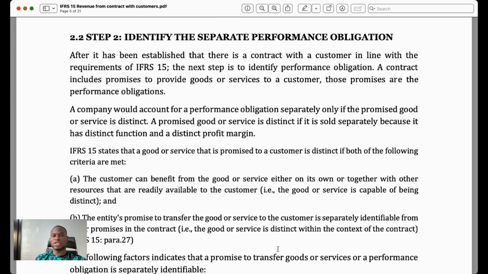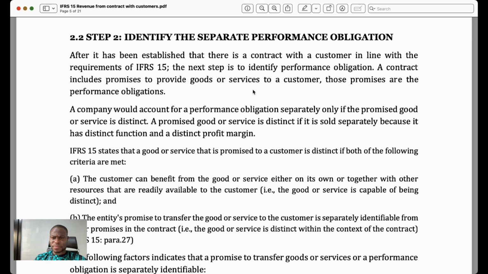Now step two is to identify the separate performance obligation. So what is a performance obligation? A performance obligation is just the promised goods or services that the supplier must deliver. Okay, so after we have established that there is a contract, then the next step is to identify what goods are we supplying exactly, right?